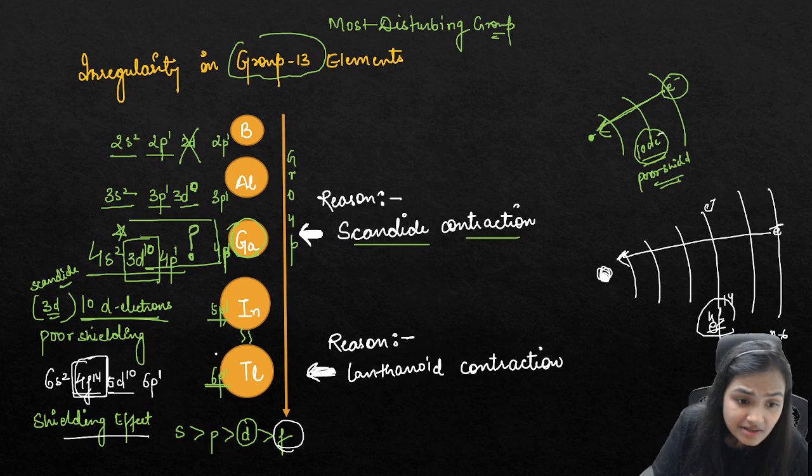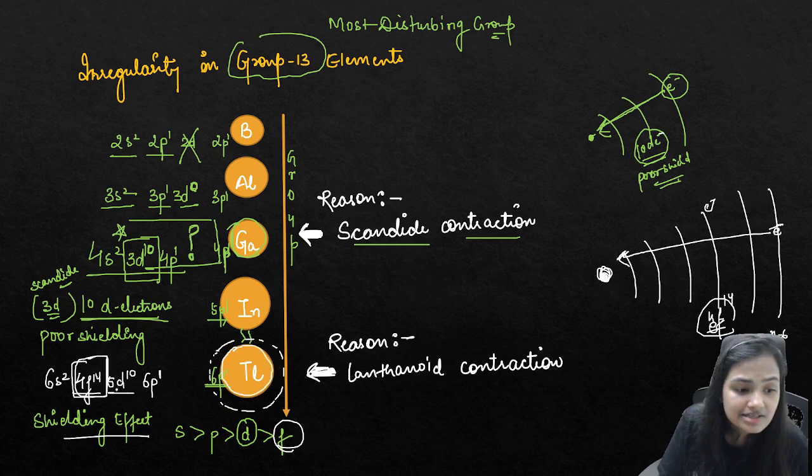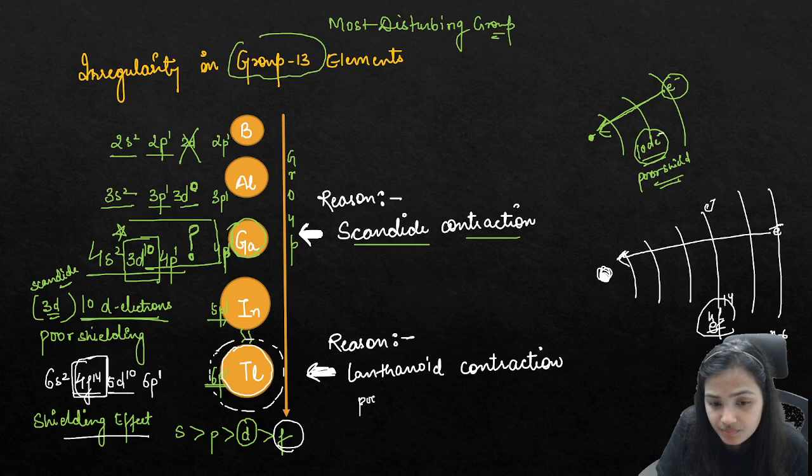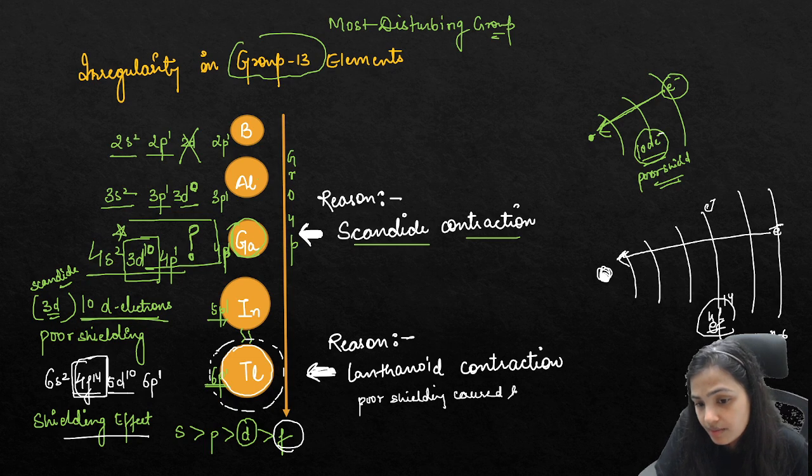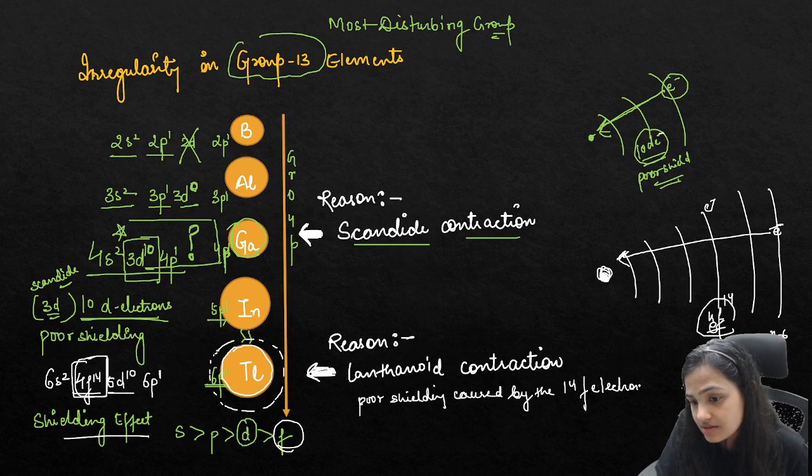We were expecting the size to increase, but no, the size decreases. So what is the reason behind it? The reason is poor shielding caused by the 14 f electrons. So that's the reason.